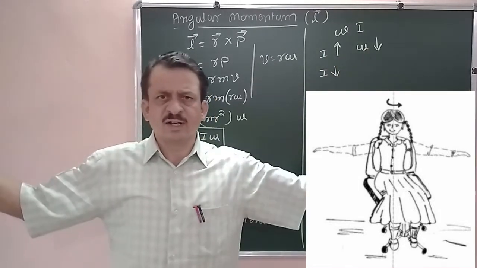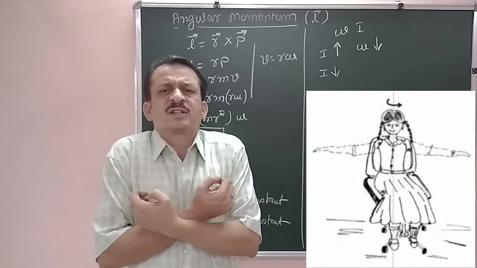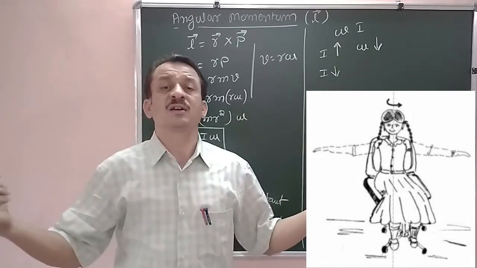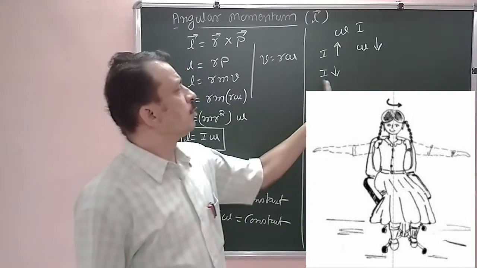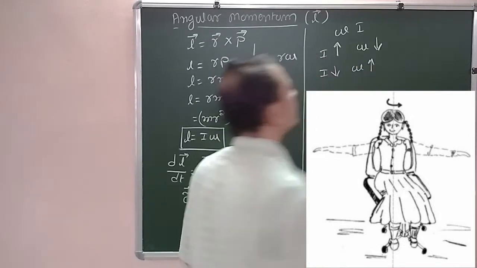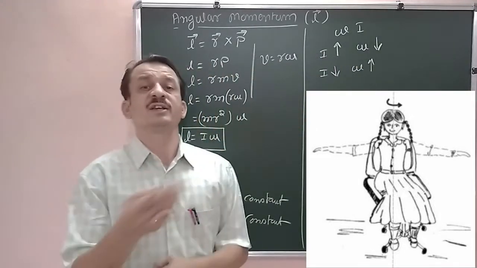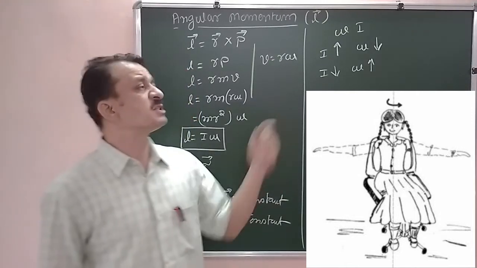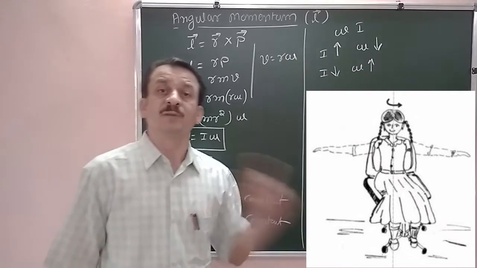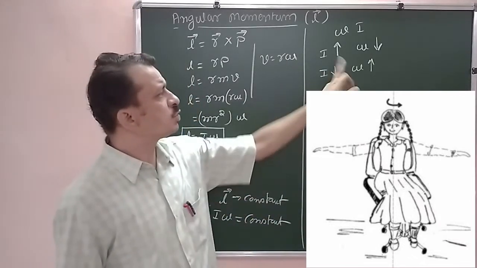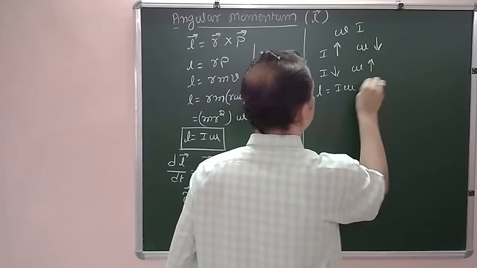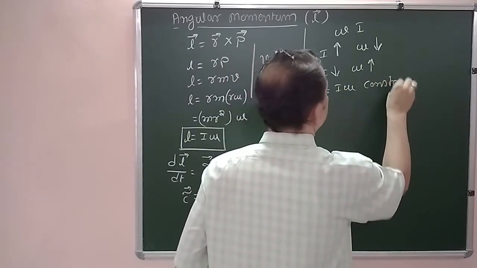As he brings back the hands and legs very close to the body, this separation r decreases, therefore moment of inertia decreases. Obviously, the angular velocity suddenly increases based on the principle of conservation of angular momentum. This happens so that L, which is equal to I into omega, should be constant.